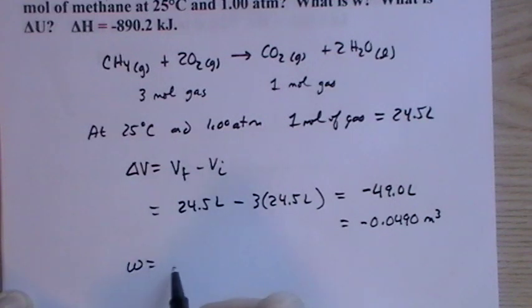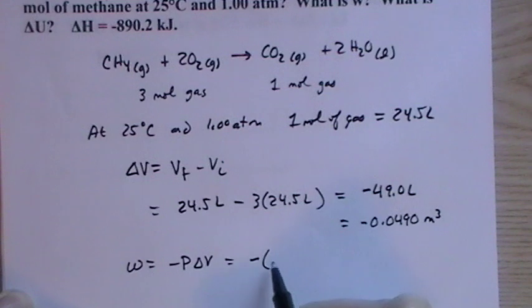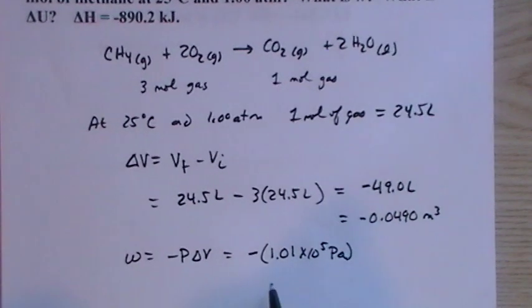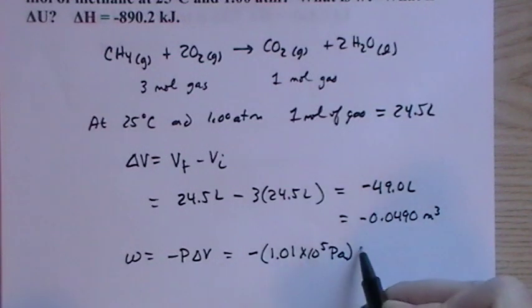So the work is equal to negative P delta V, and the pressure we are unfortunately going to have to put in pascals. Those are the SI units. Pascals times meters cubed will give us joules. So we have to make sure that we use the pressure as 1.01 times 10 to the 5th. It's actually 101,325 pascals, but we changed over to this.